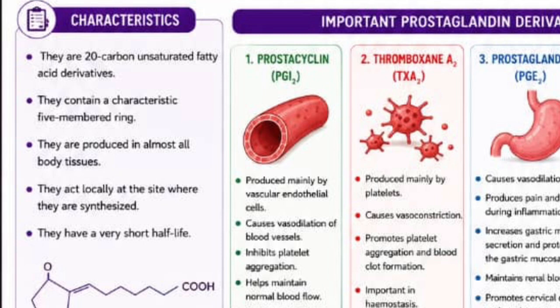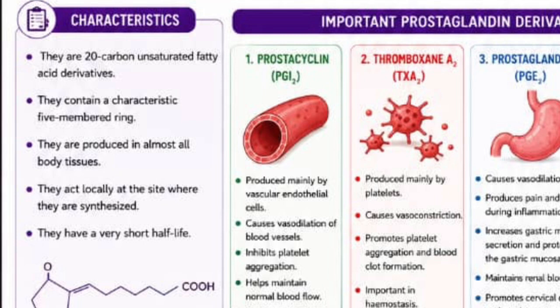No, every tissue produces it and releases it at that place. That's why they call them autocoids, local hormones. So: 20-carbon unsaturated fatty acid derivative, 5-membered ring, secreted by all cells locally, and they have a short half-life.